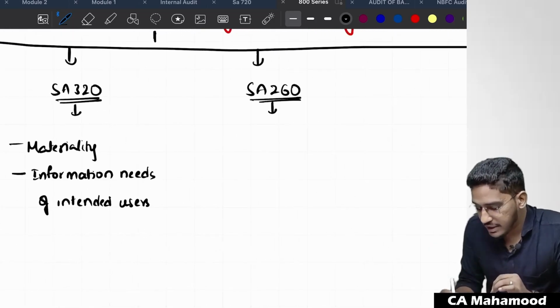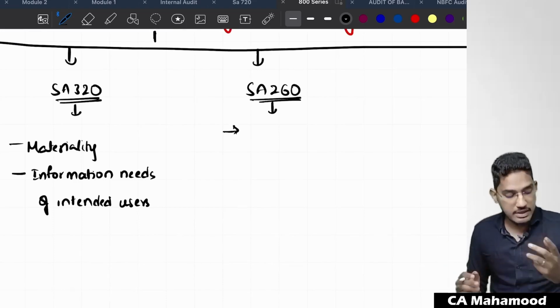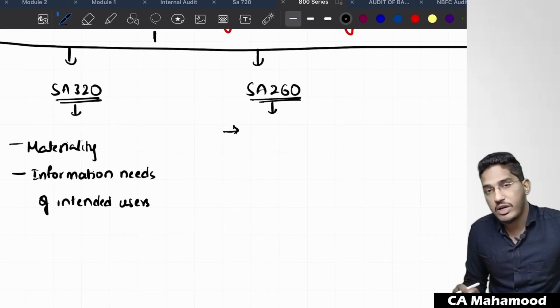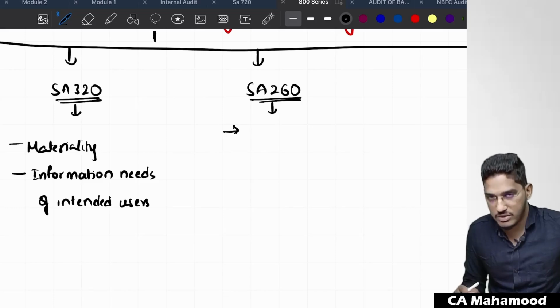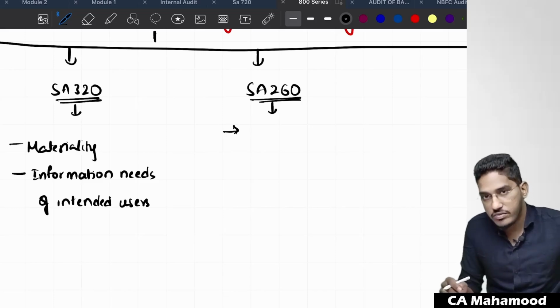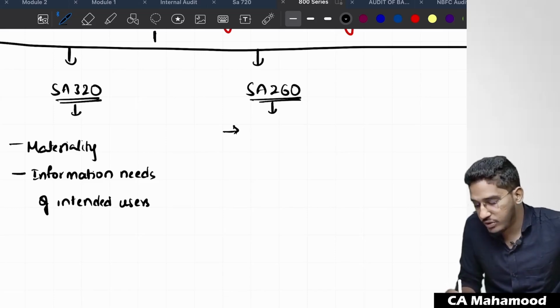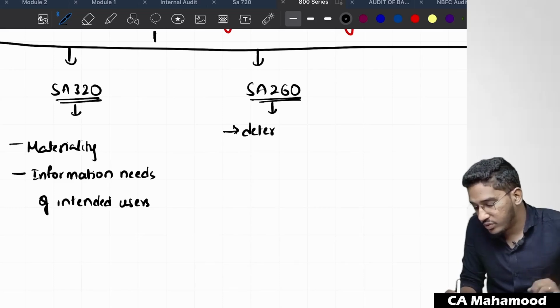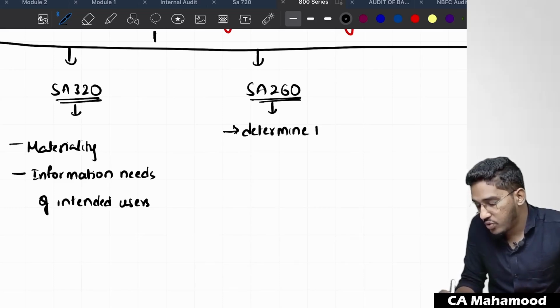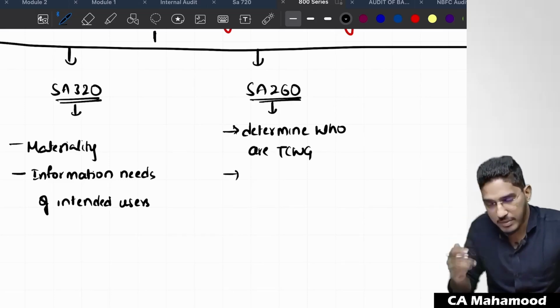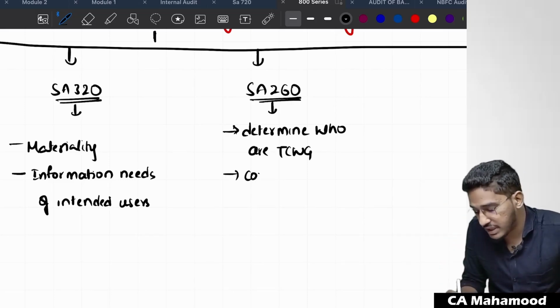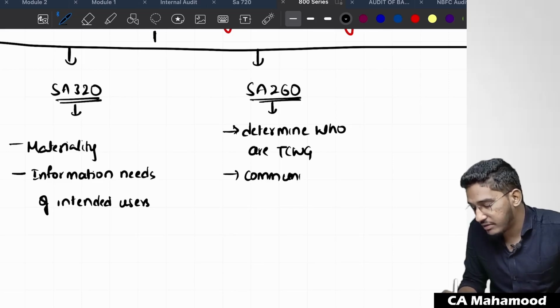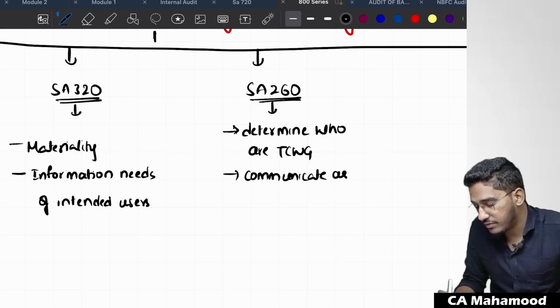Next, SA 260 talks about communication with those charged with governance. In SA 260, they tell certain matters which are required to be communicated with those charged with governance of the client. So first, in the case of special purpose financial statements, you need to determine who are those charged with governance. You need to determine who are the people falling under those charged with governance. And once you determine them, you have to communicate with them as per the requirements of the standard.